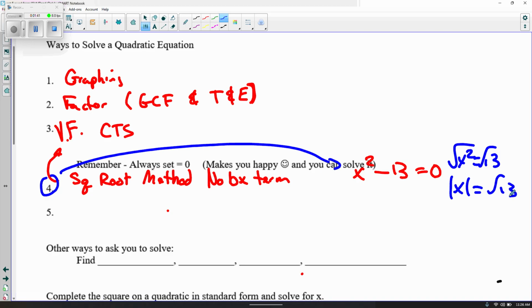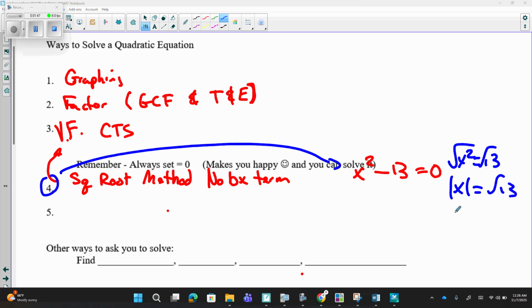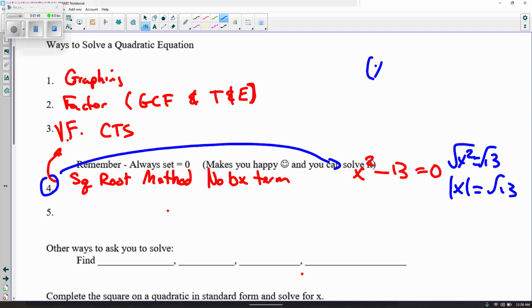But I don't necessarily think of it that way, because what if you had it as x minus 2 squared minus 13? How would you solve that? The same exact way. There is no difference in my mind on the way these are set up.